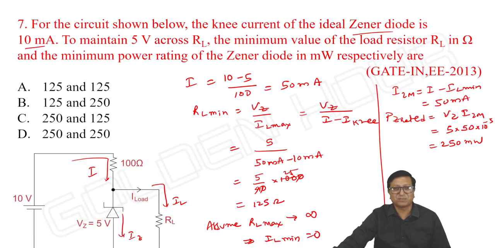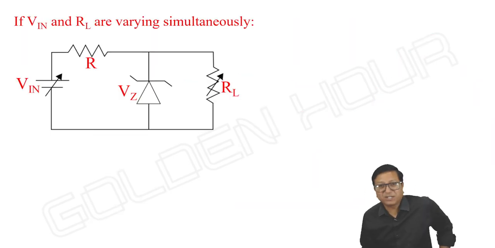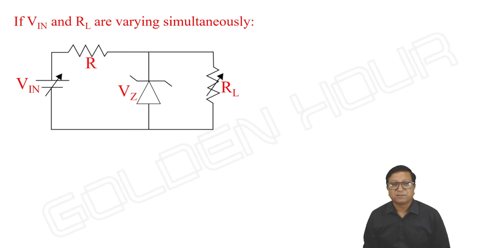Various cases, right? We started with very, very simple things and extending. So, from the two previous models, what we can understand, IZ, current through the Zener diode, is proportional to V input and it is proportional to R. If V input decreases, IZ will decrease, and if V input increases, IZ will increase. Similarly, IZ is proportional to RL, right?